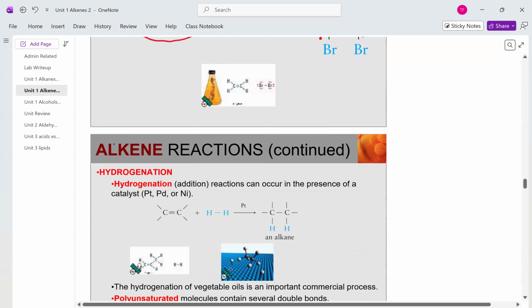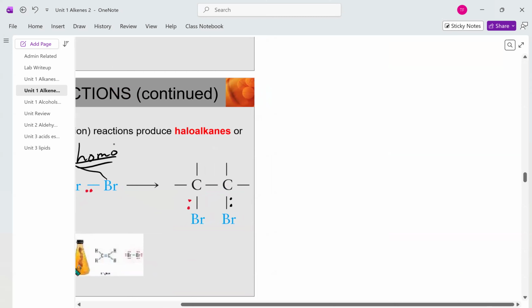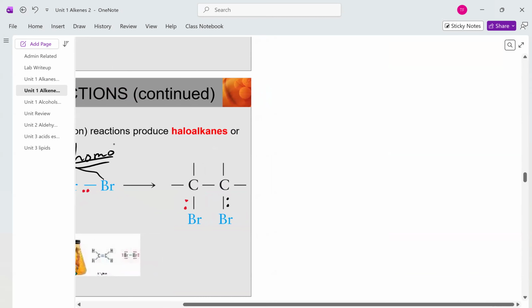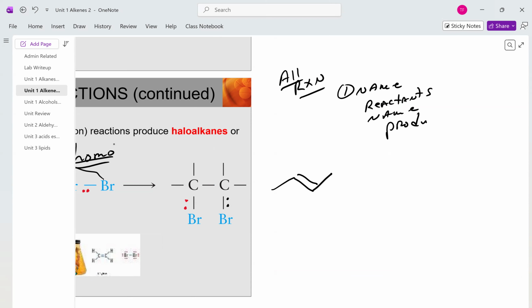Okay, so let's give an example reaction here. Let's take that, and now whenever we have a reaction, all reactions, name the reactants, name the products, and conditions.